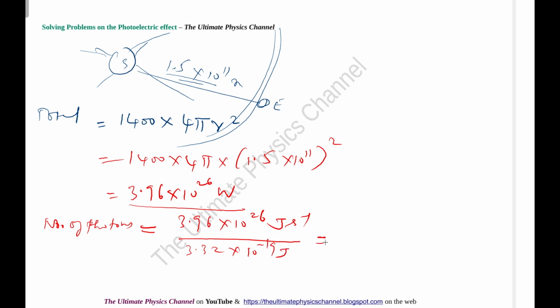So you can see that the number of photons is huge here, right? If you work out the numbers, you get 1.19 into 10 power 45 photons every second. This is the number of photons that the sun emits every second.